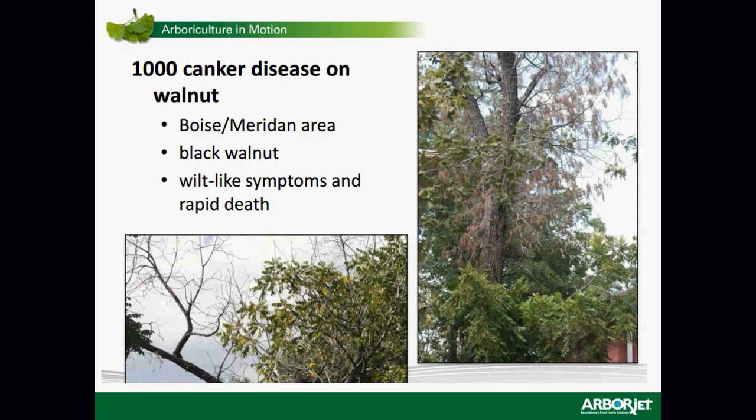But the trick is, once again, if you see a black walnut and you see a dead branch, your mind should first go to thousand cankers disease. It only takes about 6 months, maybe a year, for this pest to really kill the tree. It moves quickly, and it takes people a while to identify it, so it can move through an area pretty quickly.